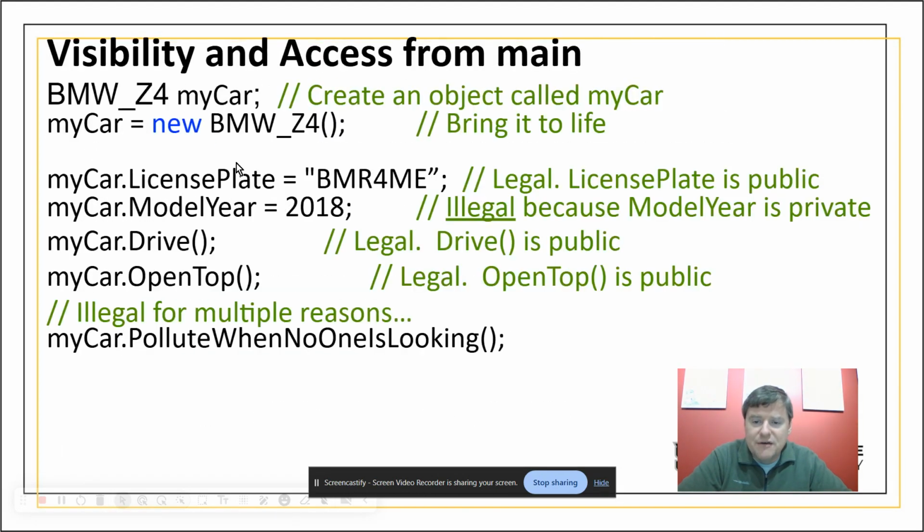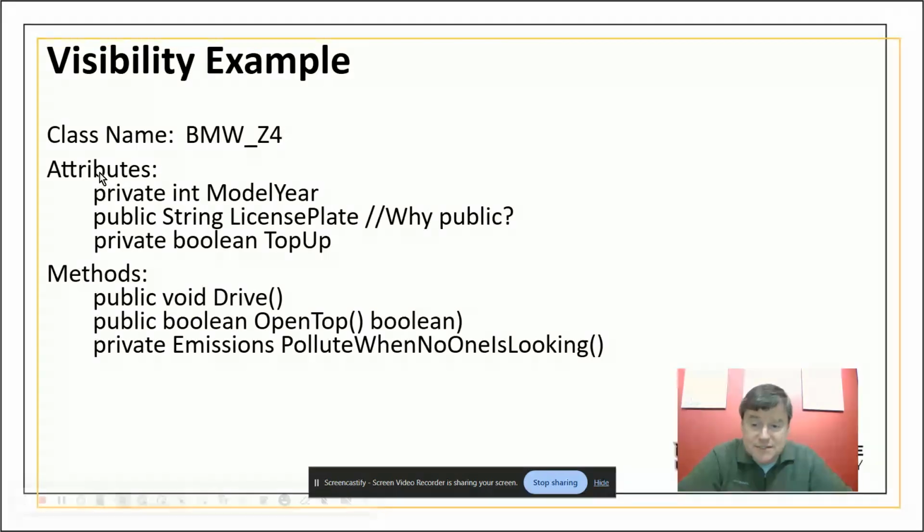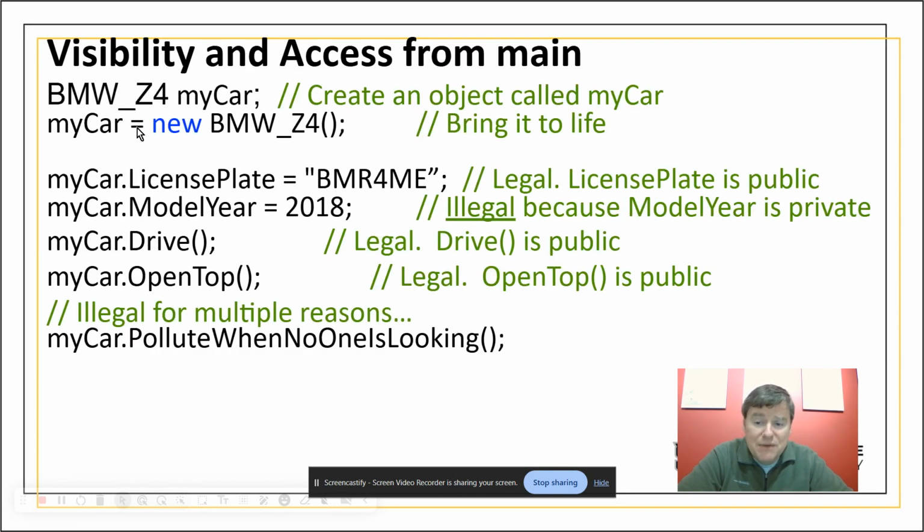And so here we have our visibility example again. If we have it set the way that it is here, where this is private model year, public license plate, and private top up, then when we've made our new car, so my car equals new BMW Z4, I'm allowed to say car.licensePlate equals whatever it is.